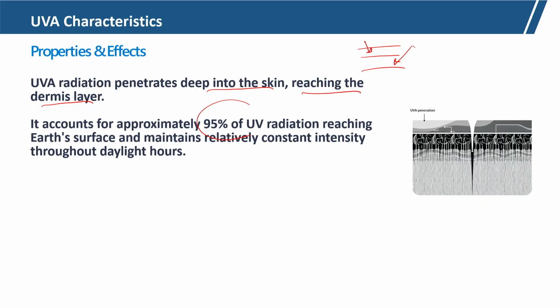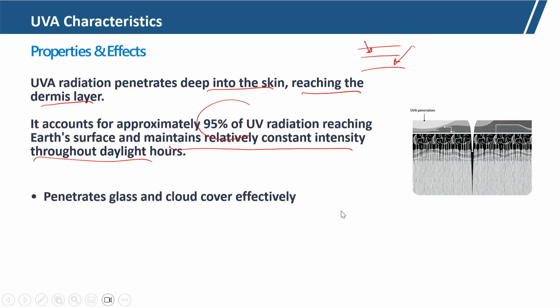The 95% reaching the earth's surface maintains a relatively constant intensity throughout the day. It penetrates glass and cloud cover effectively.